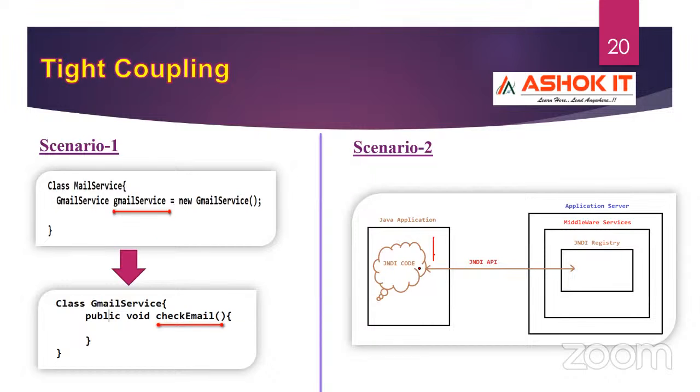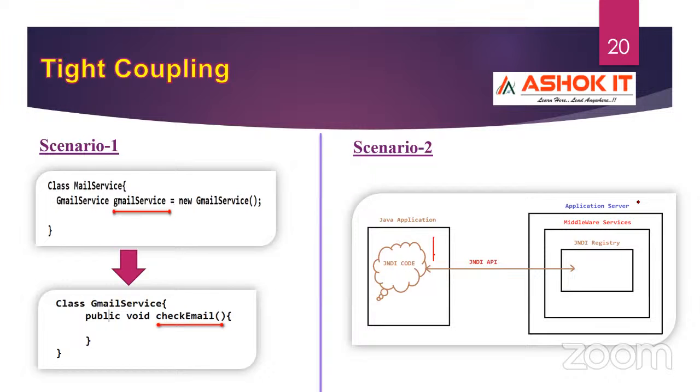So I'm talking from the programmatic point of view. You will have some middle application servers, meaning WebLogic server or WildFly server. That server contains some middleware services, and one of them is the JNDI registry.